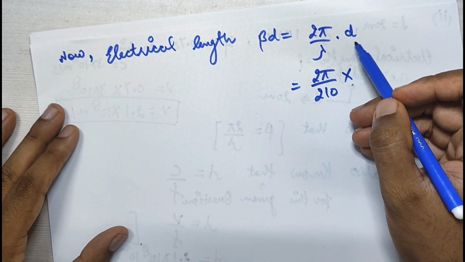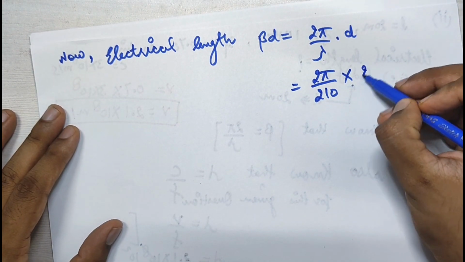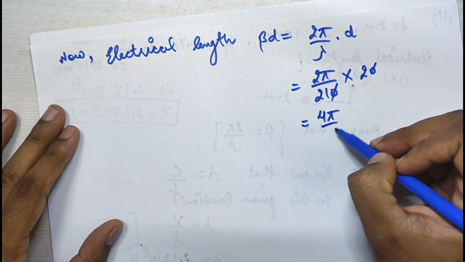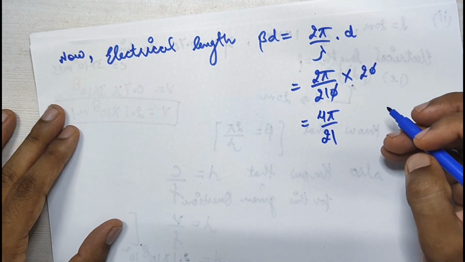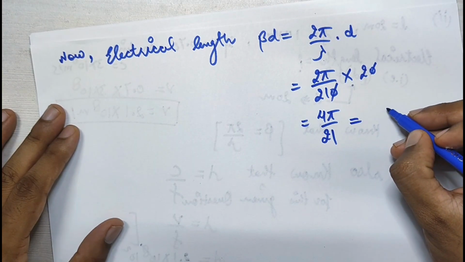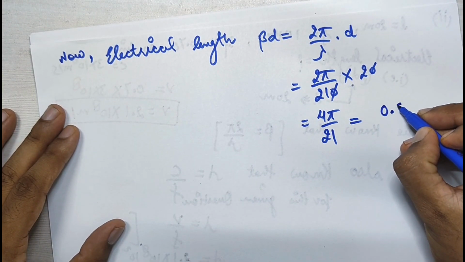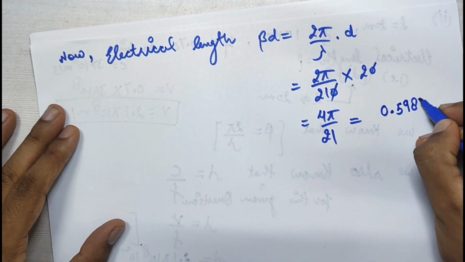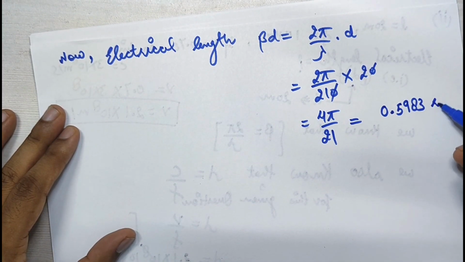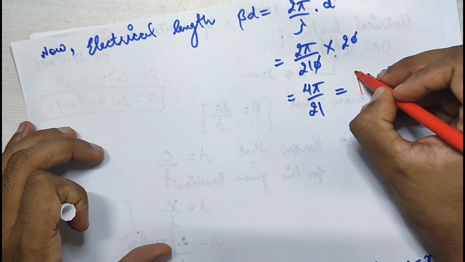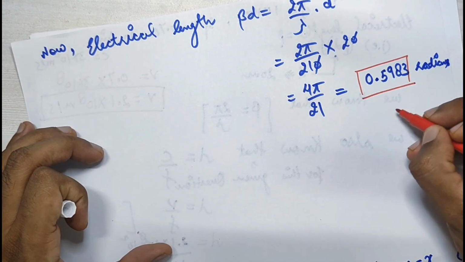What was the D given as? 20 meters, right? 4 pi by 21. After calculation, this will be 0.5983 radians. This is the answer that we were looking for.